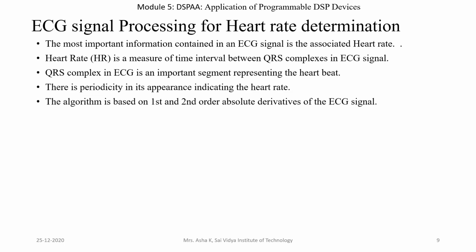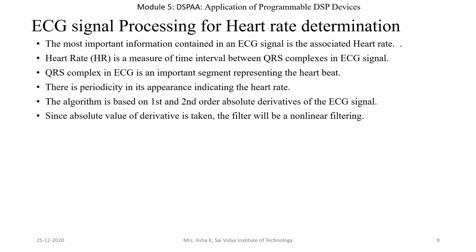The algorithm is based on first and second order absolute derivatives of the ECG signal. Since absolute values of the derivative are taken, the filter will be a non-linear filter.